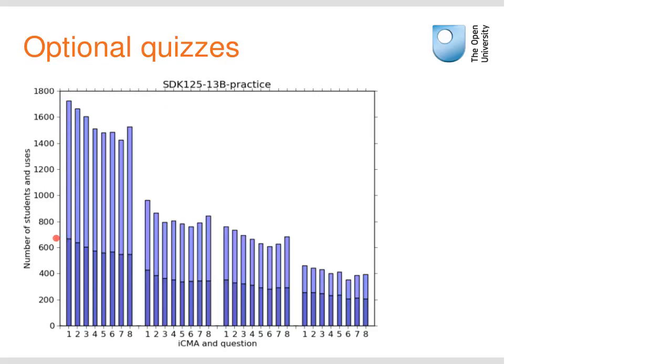There look to be at least 650 students who did the first question in the first quiz. You can see that in every quiz, students stop doing the questions at some point, but most of them get to the end. And as you go through the course, each successive quiz gets fewer students doing it.